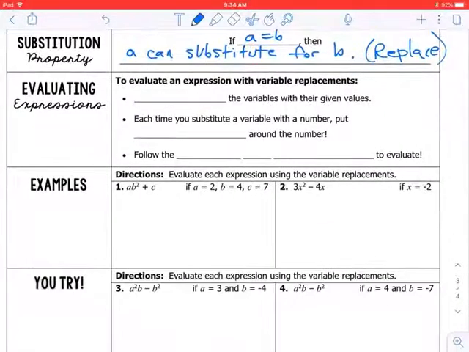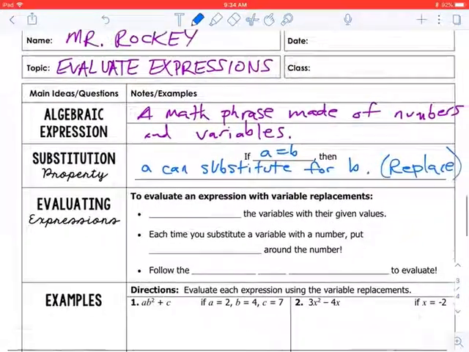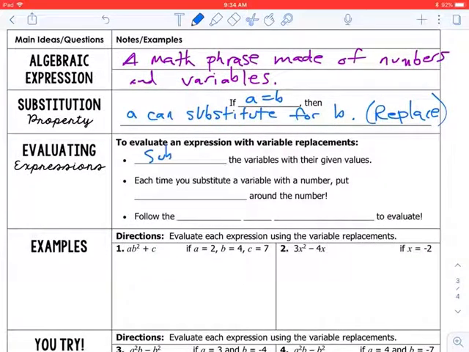So, to evaluate an expression with variable replacements, we have to first substitute the variables with their given values. And I would always use parentheses just to make sure. That's up to you.